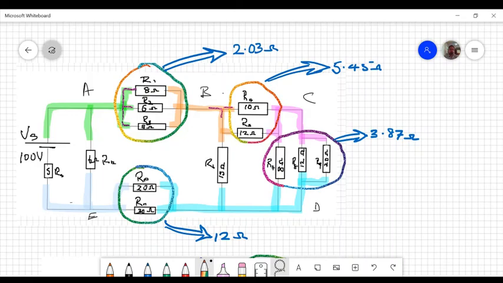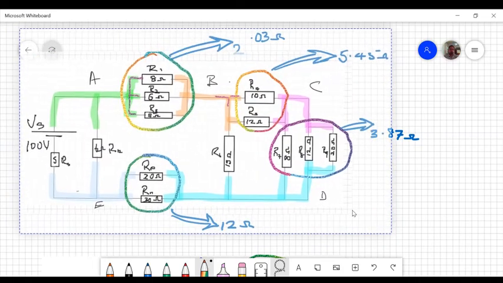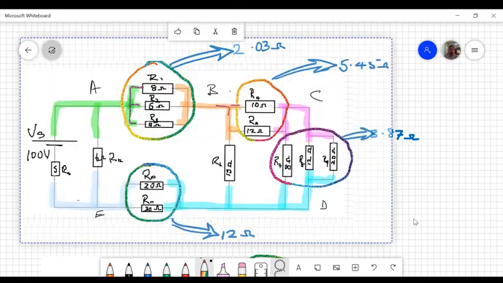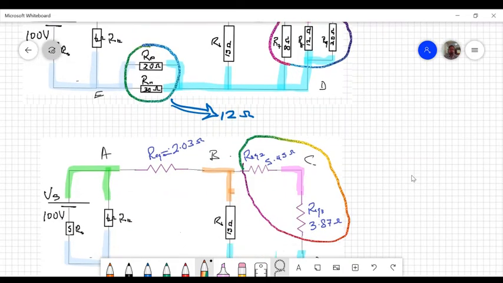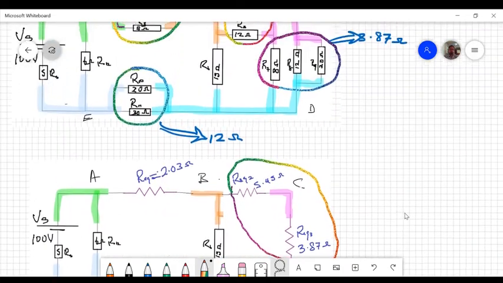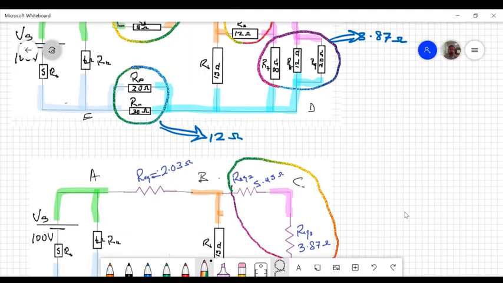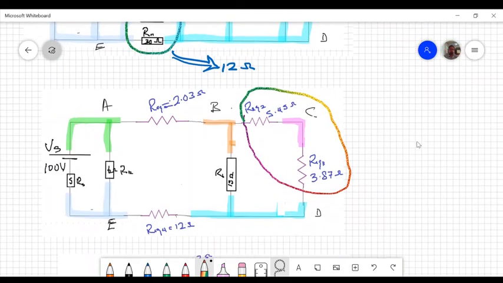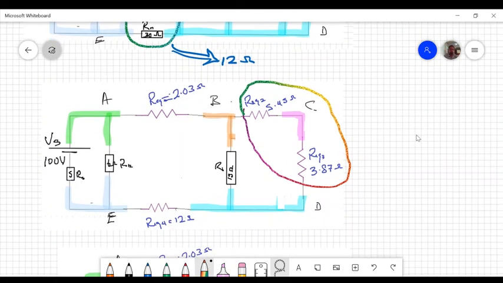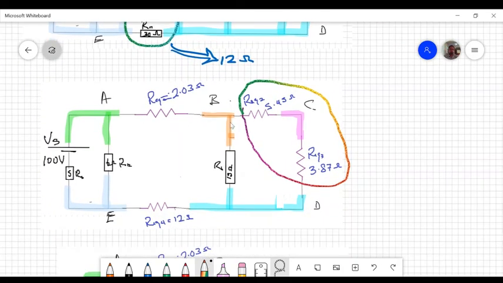Okay, doing these calculations, I replace all the parallel branches with the corresponding equivalent resistances, and I get this greatly reduced circuit.